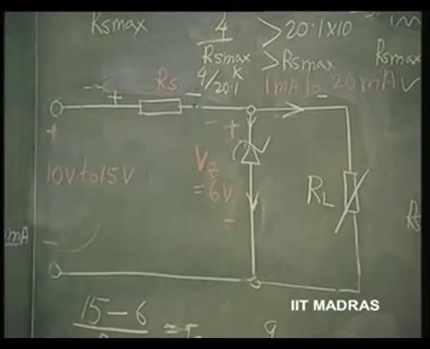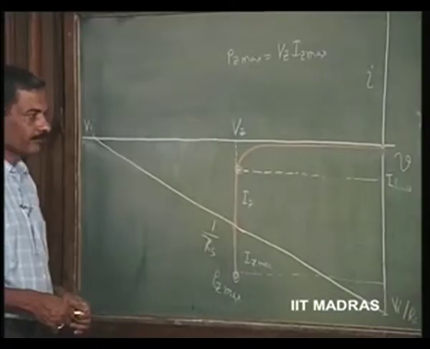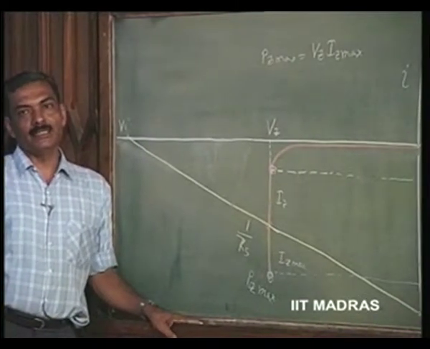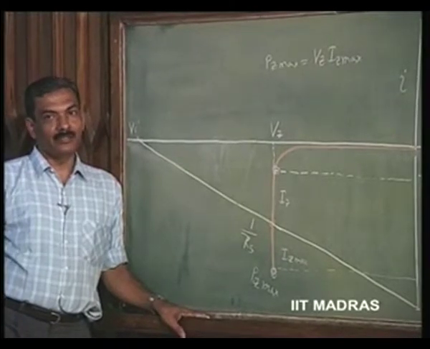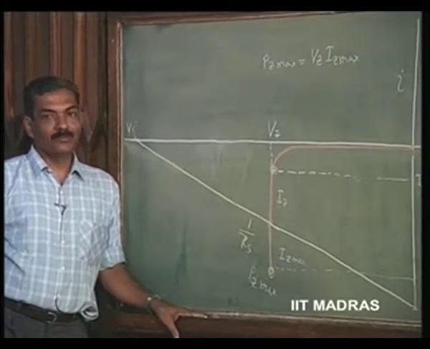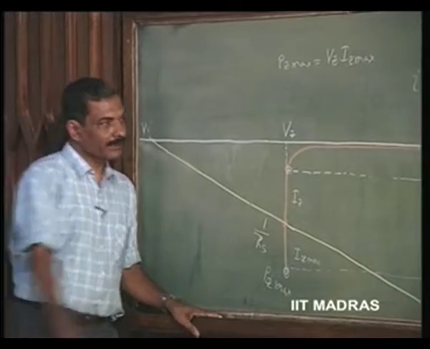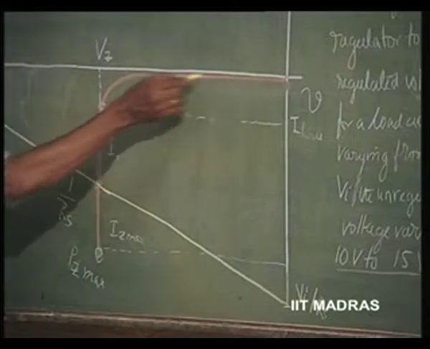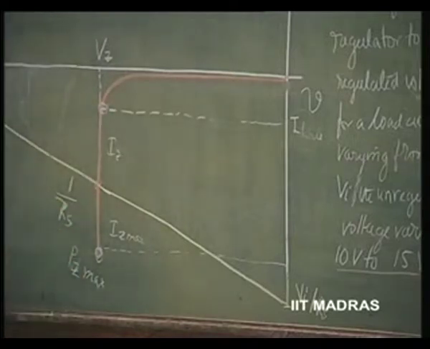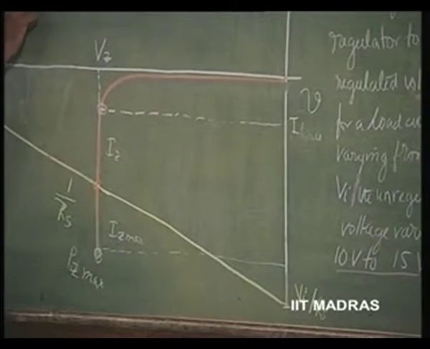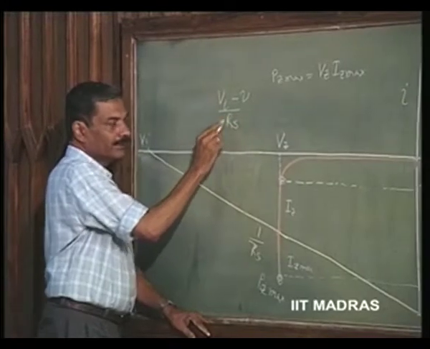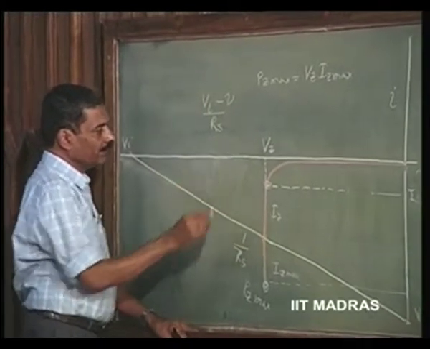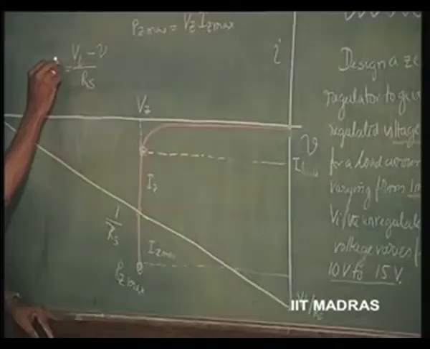This is the theory, right? Graph. Let us see here. This, please remember, is similar to what we did in the case of a diode and load line concept. Even here, we can bring about the load line concept. This is the diode characteristic. So, Zener diode characteristic is this, and we know that VI minus V divided by Rs is another equation to be satisfied. So, this is going to be the current, Is.